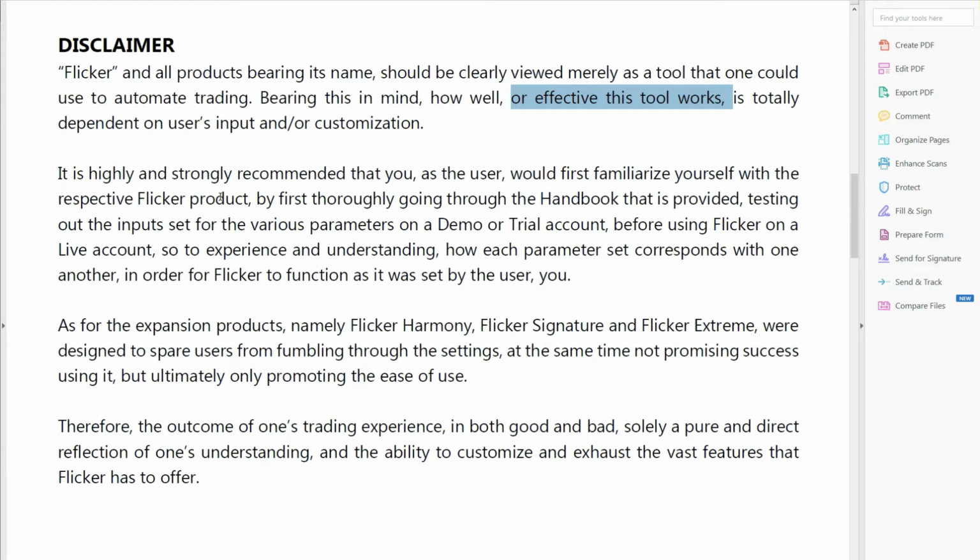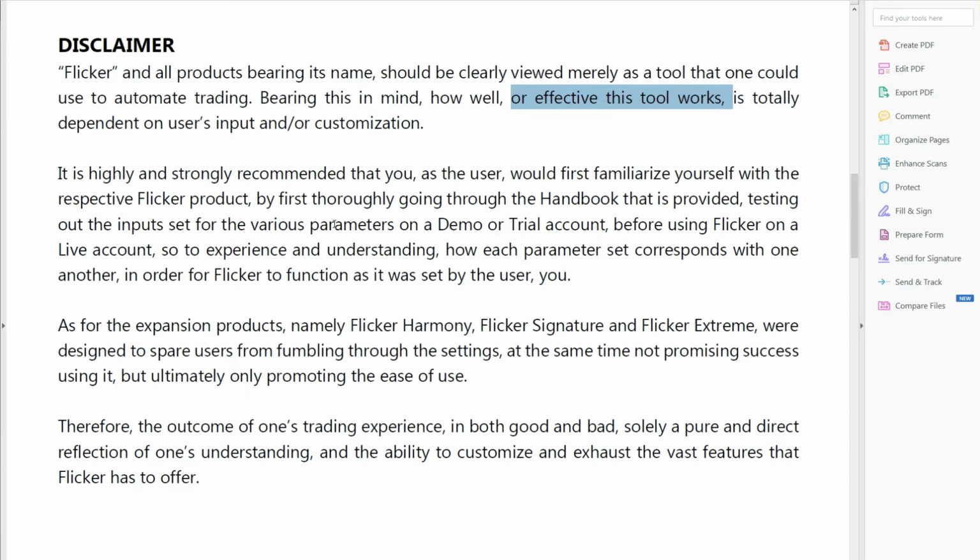Like I said earlier, each Flickr product is special, unique, different from the others in the product line, by first thoroughly going through the handbook that's provided, and testing out the input set for the various parameters on a demo or trial account.